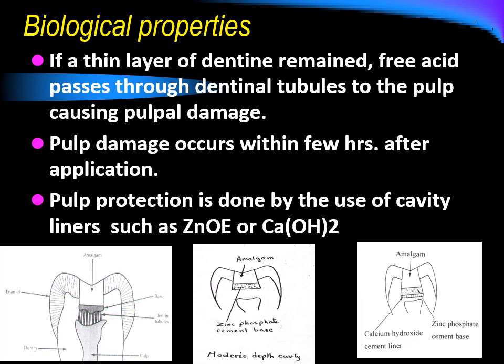And this is the normal depth cavity, which has a dentine layer of about 2 millimeters. We can put only a cement base over the cavity. In this type of cavity, if the free acid penetrates through the dentinal tubules, it can be diluted by the water in the dentine, or if it reaches the pulp, it will arrive very weak and cannot cause irritation, and the immune system of the pulp tissues can overcome this acidity.